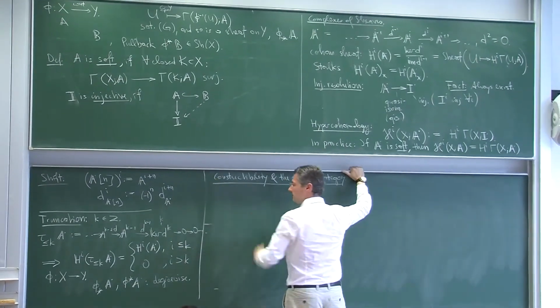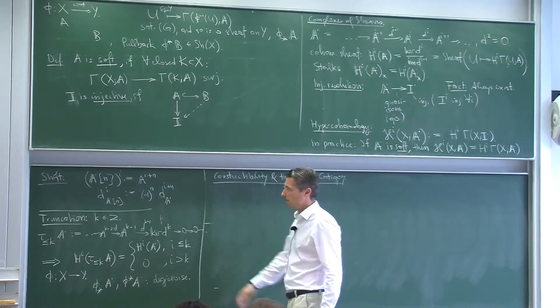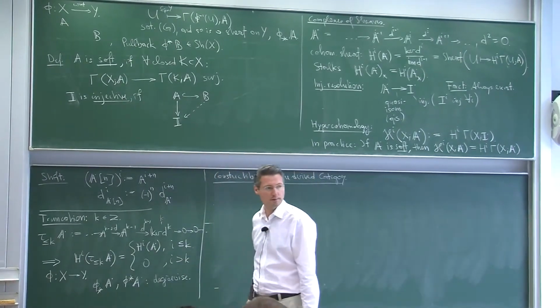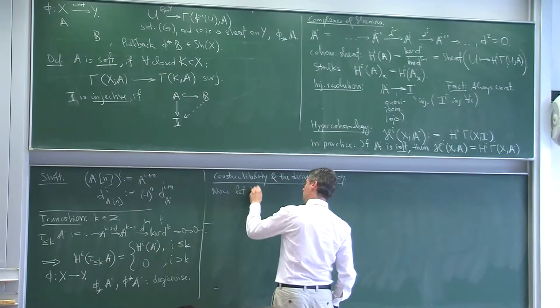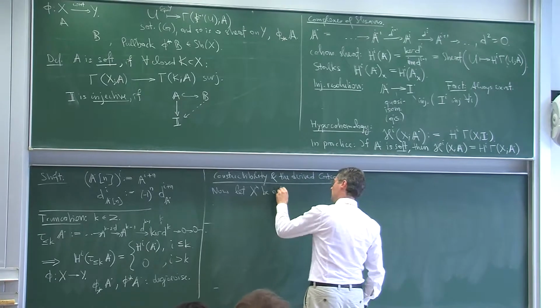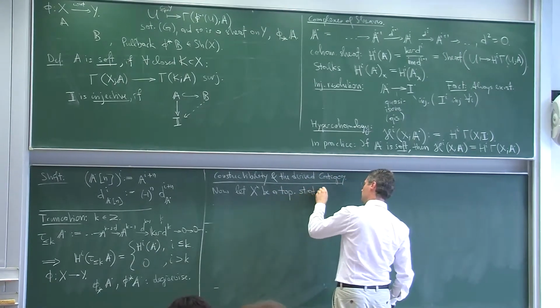So what's all of that? Well, now I switch from arbitrary topological spaces to pseudomanifolds. Now let X^n be a topologically stratified pseudomanifold.